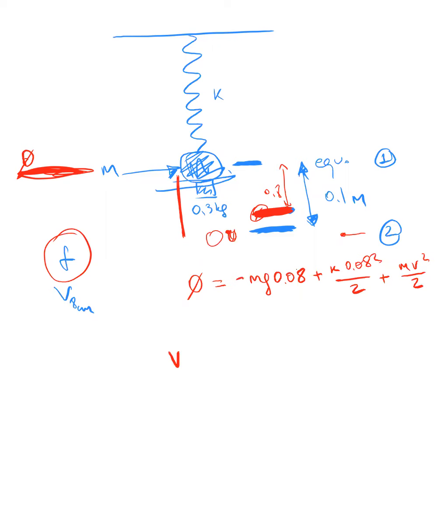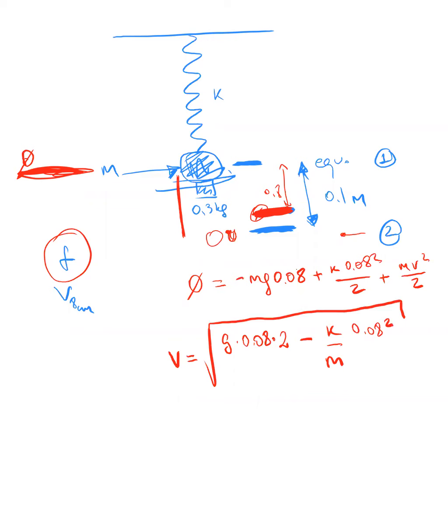From this equation, velocity is equal to the square root of g times 0.08 times 2 minus k over m times 0.08 squared.